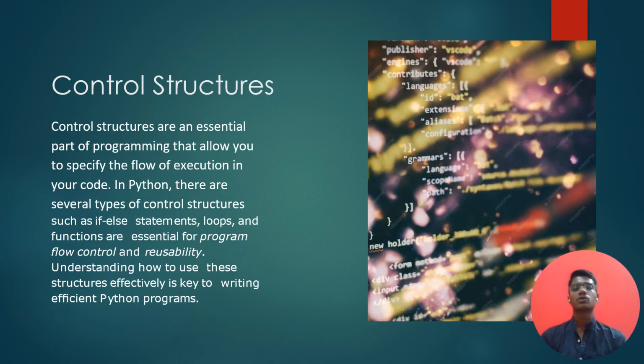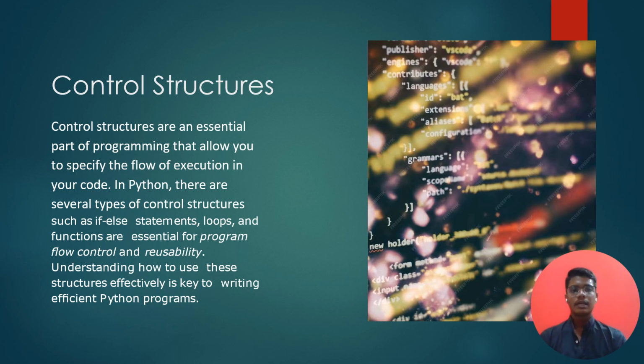So what are control structures? In Python, control structures are an essential part of programming that allow you to specify the flow of execution in your code.